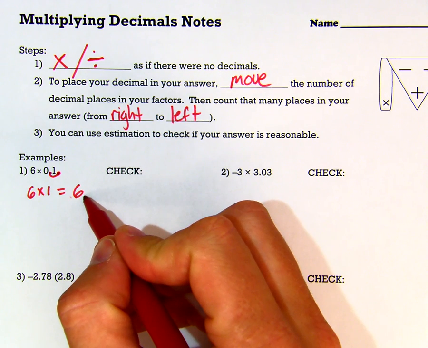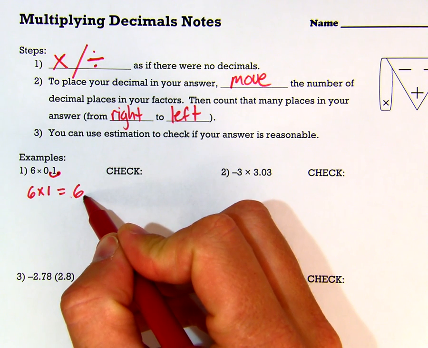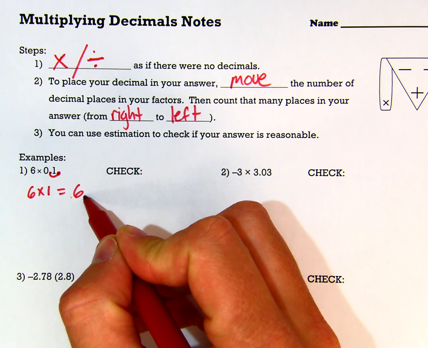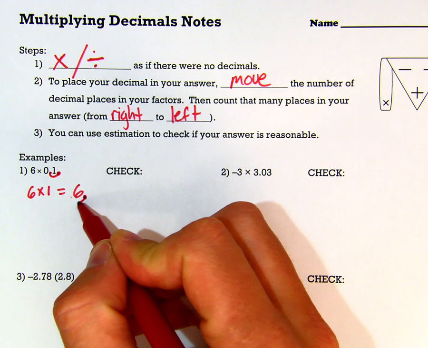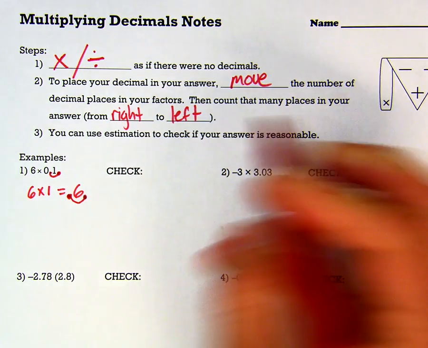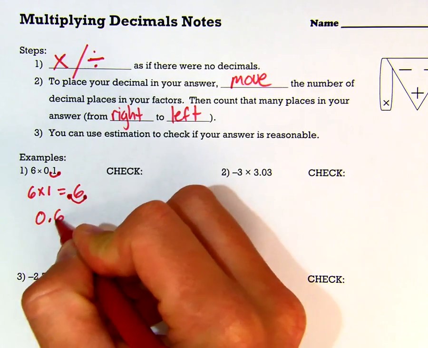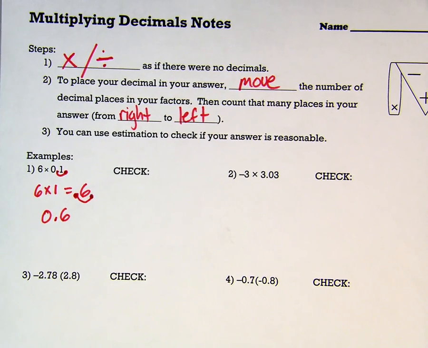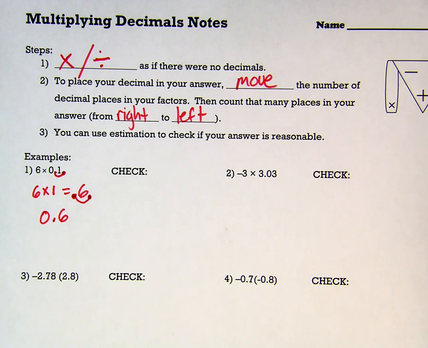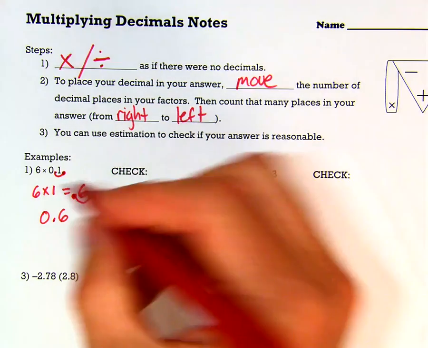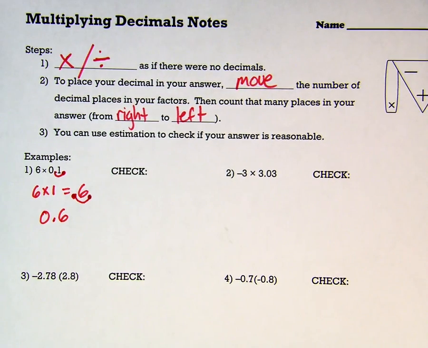So from the right hand side, I'm going to move to the left. Because I moved over once for my 0.1, I'm going to move back to the left once. So my final answer is 0.6. It's a positive and a positive, so I know my answer is going to be positive as well.